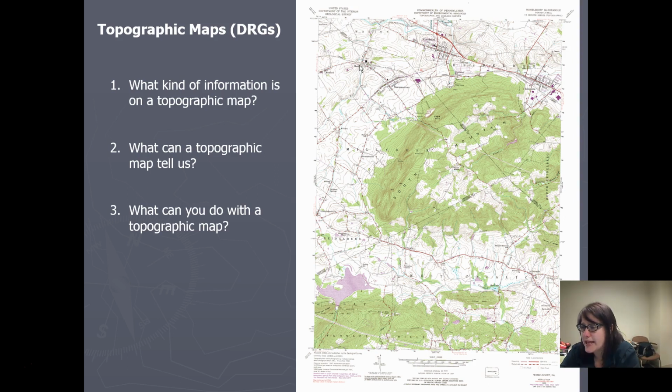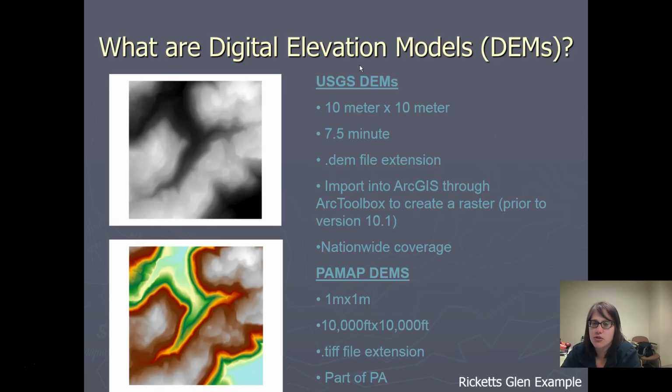You can't do anything with this other than using it as a visualization. Not to say that you can't derive lots of different things from here, like how far things are apart, but it's not as interactive as what a digital elevation model can be for us.